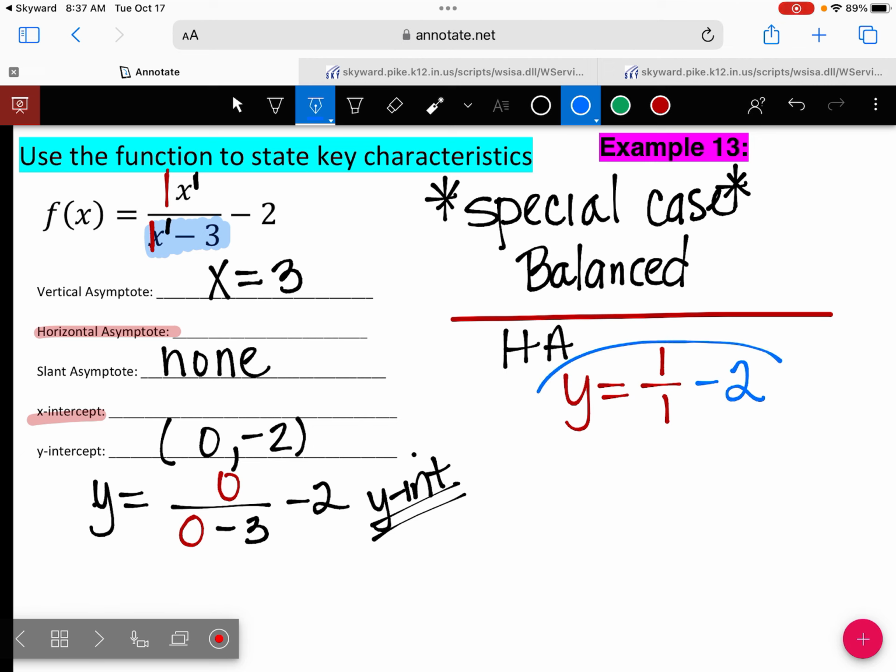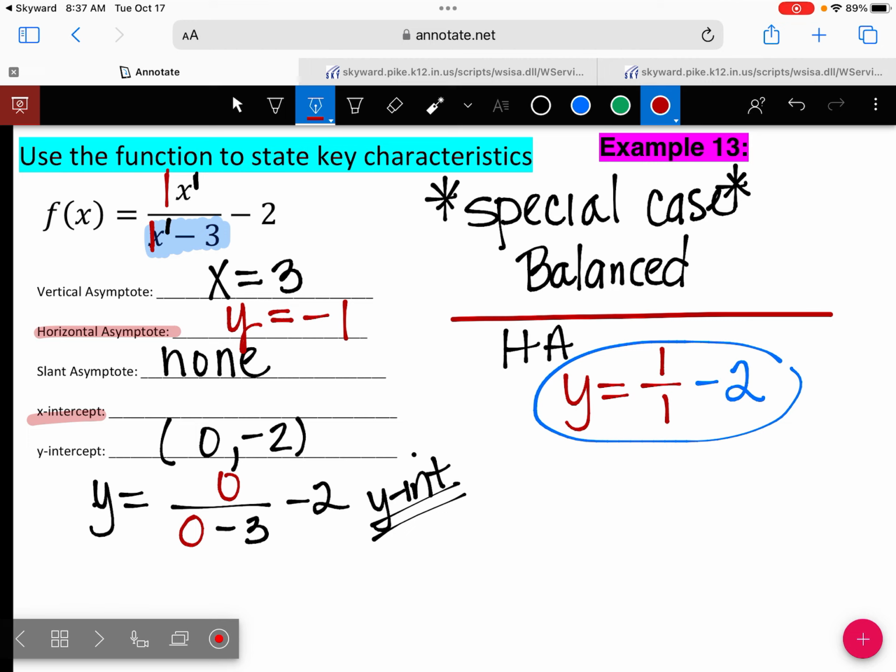When you type this in your calculators, you should get that that is y equals -1. 1 minus 2 is -1. That's a big cause of confusion when you take your test. Make sure you're paying attention to a special case versus a single fraction.